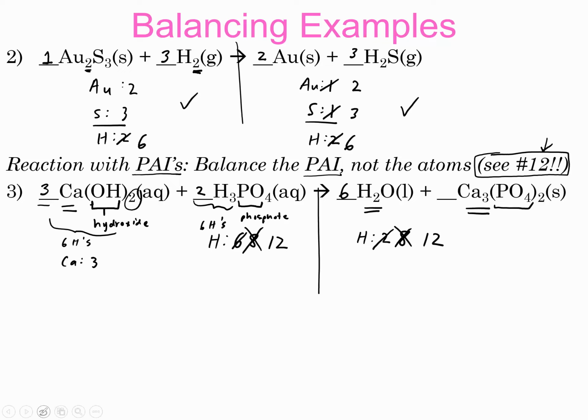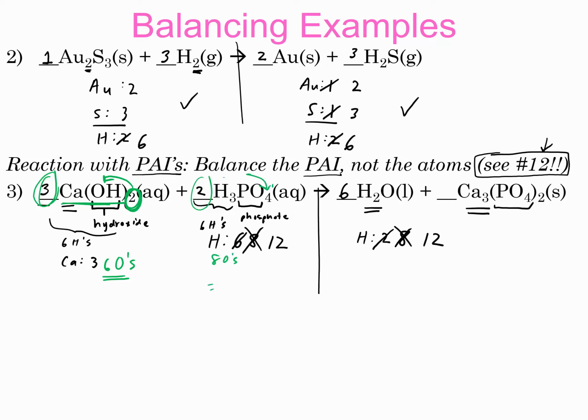So let's check the oxygens. The 2 right there means I have 2 oxygens from the 2 being there, and then I have 3 of the molecules total. So it'd be 3 times 2. So I have 6 oxygens from this. And then the 2 times 4 means I have 8 oxygens from this.